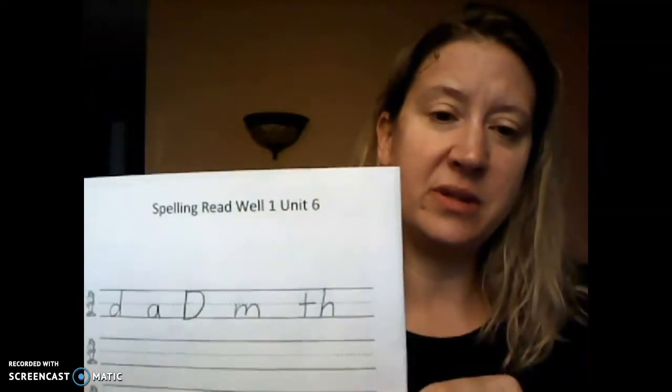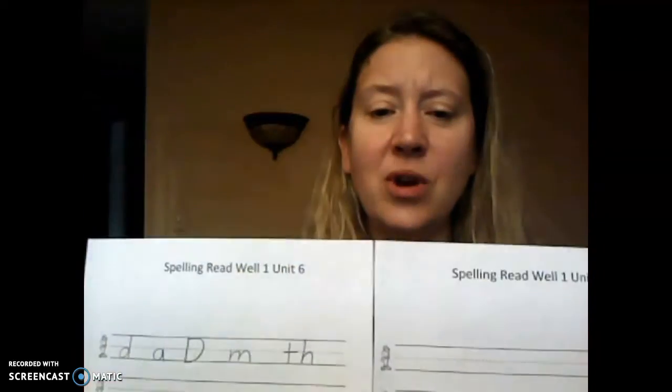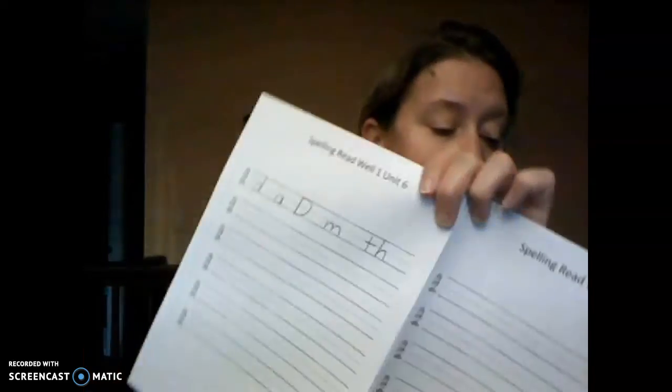You should have spelled that with the TH spelling. Okay? And then you could continue going across the top line. I was able to fit all my letters on that top line. And then I'm just going to go ahead and go across to the next one.